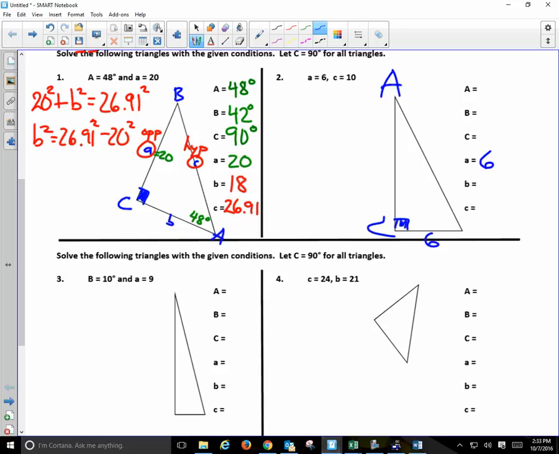I'll call this A. Pythagorean Theorem. Why? What are you trying to figure out? So you're automatically going to figure out that side. Okay, so set it up. What do I got?